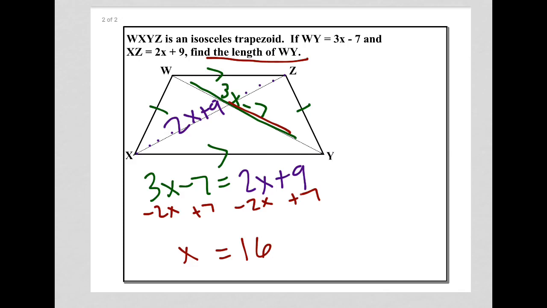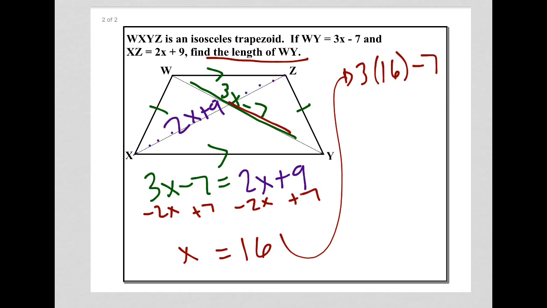We have to take this x as 16 and find WY. So we plug it back in up here, 3 times 16 minus 7. We end up getting 41. So that is the length of our diagonal WY. It's also the length of our diagonal XZ.